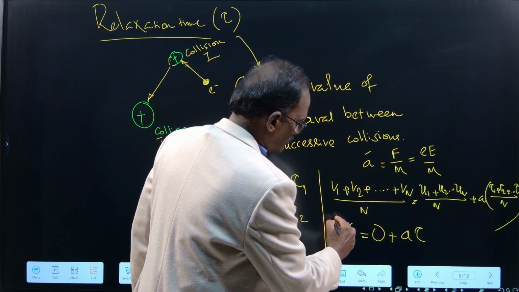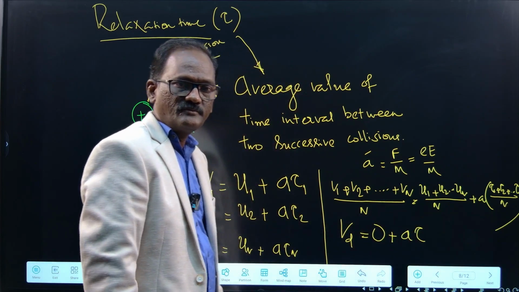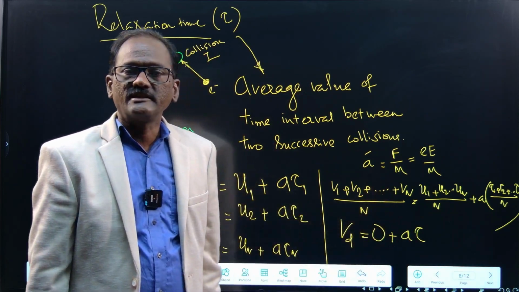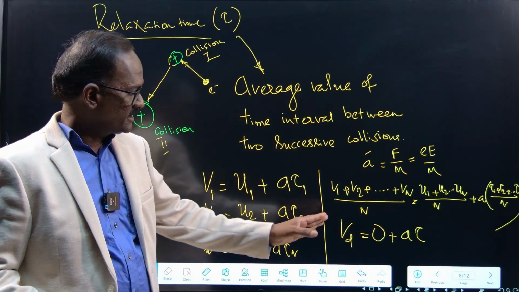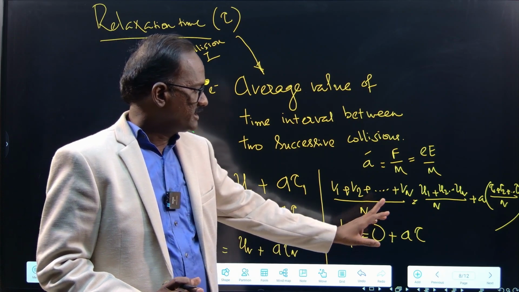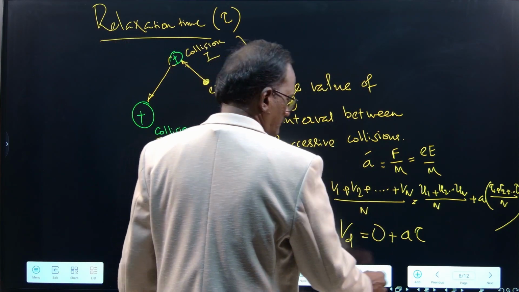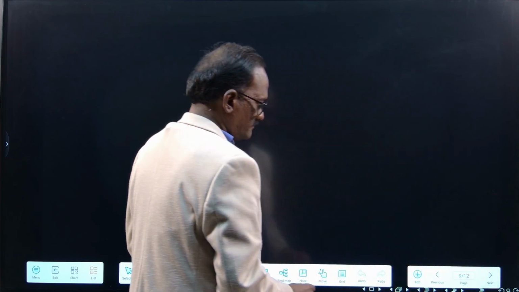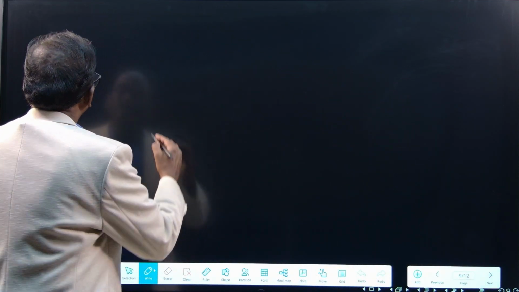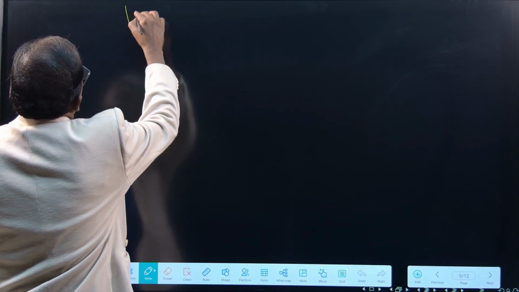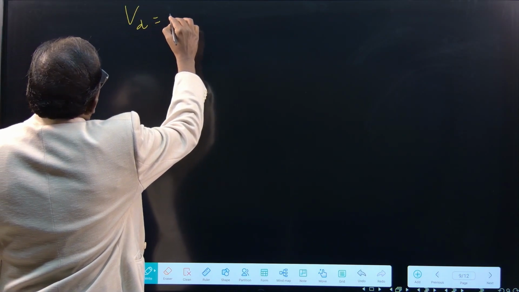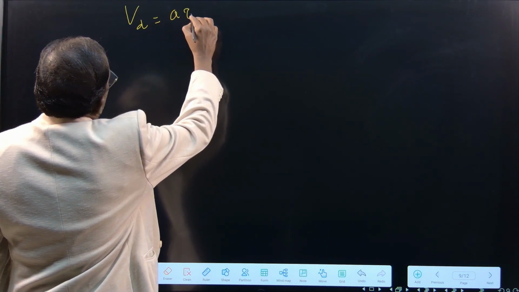So Vd is equal to A tau. Velocity is equal to acceleration in a time, that format it must come. Drift velocity is equal to A into tau.